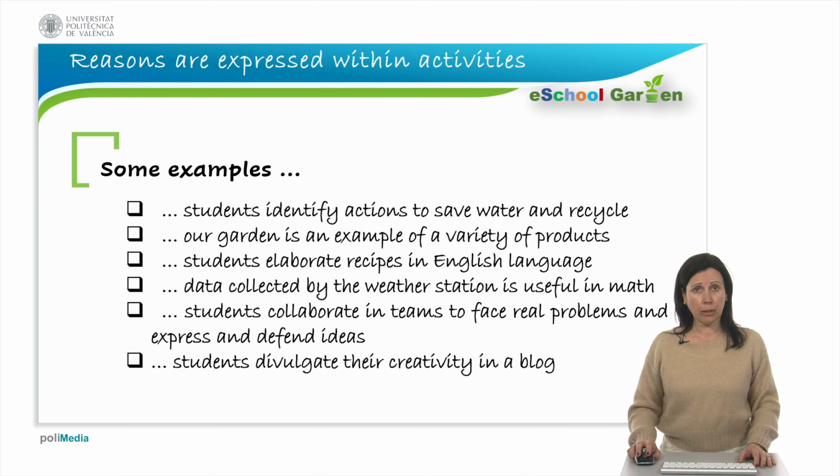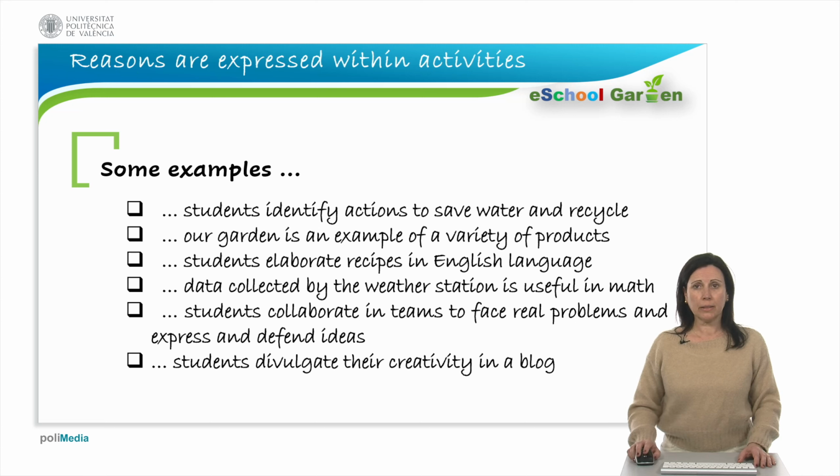Eventually, taking in mind the competency framework, reasons are expressed within activities. For example, outdoor activities in the garden promote awareness of the environment, responsible consumption, or recycling. Planting and growing vegetables connect with nutrition activities to work on healthy habits, or are called to practice plural and cultural learning through foreign languages.